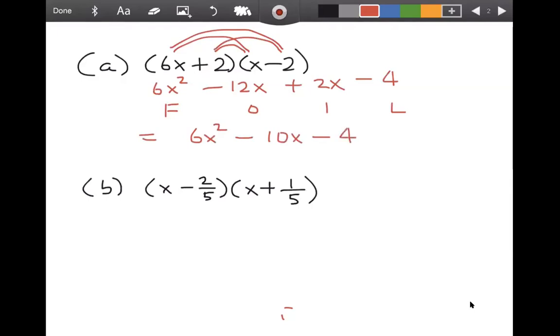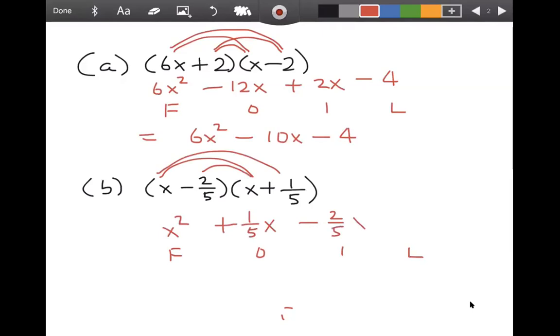And it also works if you have some fractions in your binomials. First, outer, inner, last. X times x is x squared. Outer is x times 1/5, which is 1/5 x. Inner is minus 2/5 times x, which is minus 2/5 x.